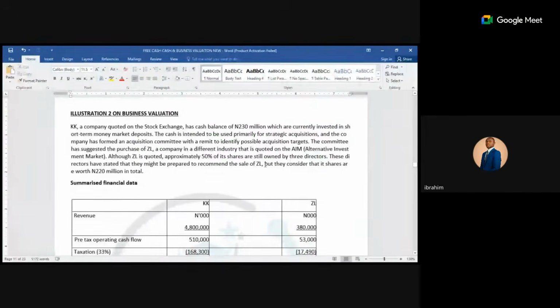But they consider that its shares are worth 220 million in total.